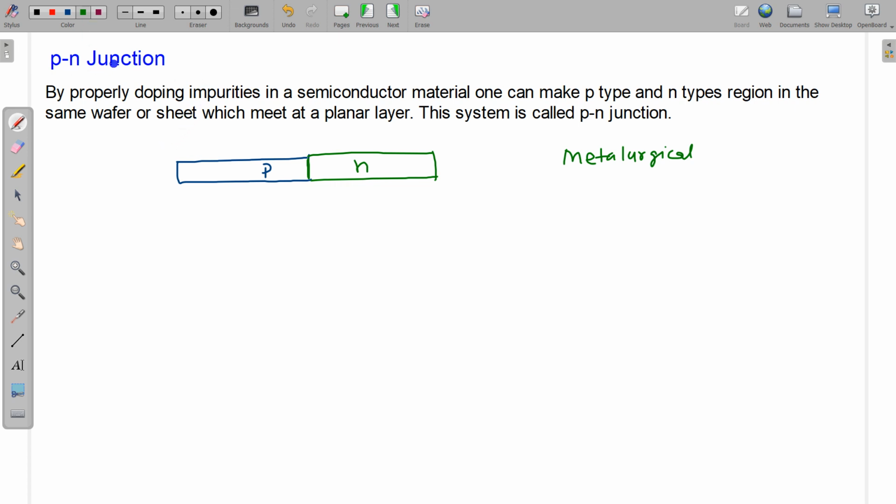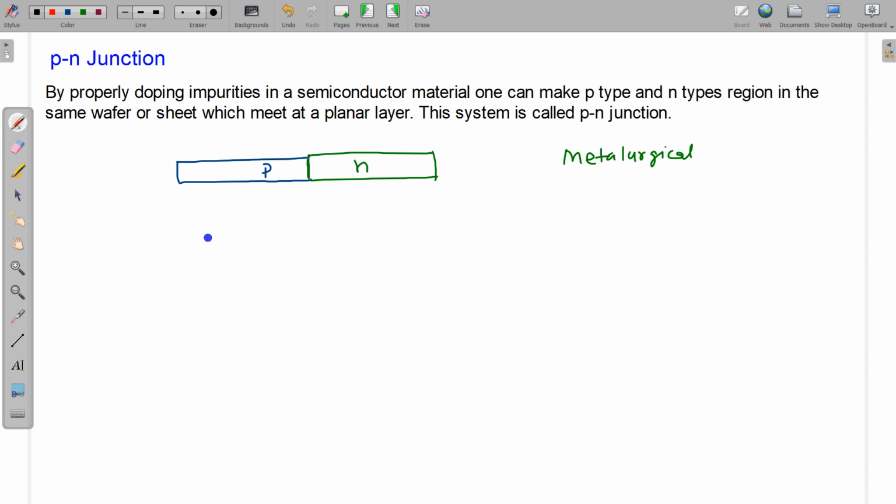And to form or fabricate a p-n junction, what we do? By properly doping impurities in a semiconductor material, one can make p-type and n-type regions in the same wafer or sheet which meet at a planar layer. This system is called a p-n junction.